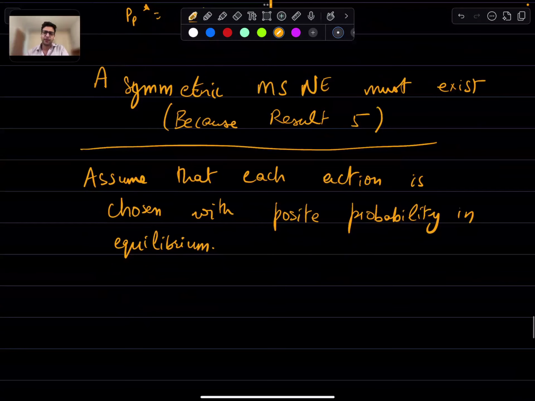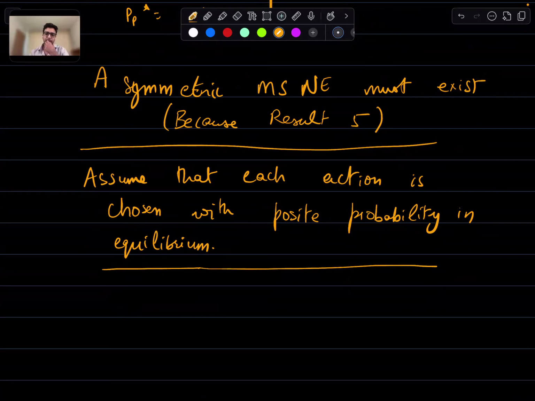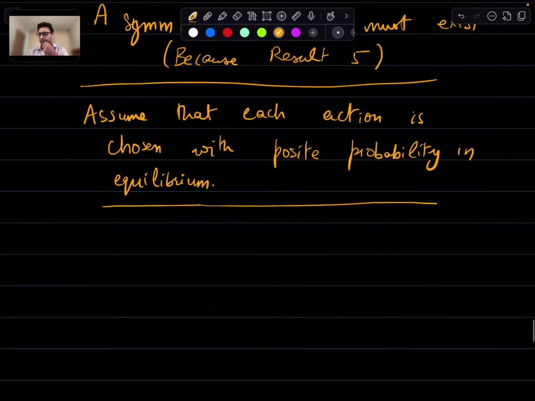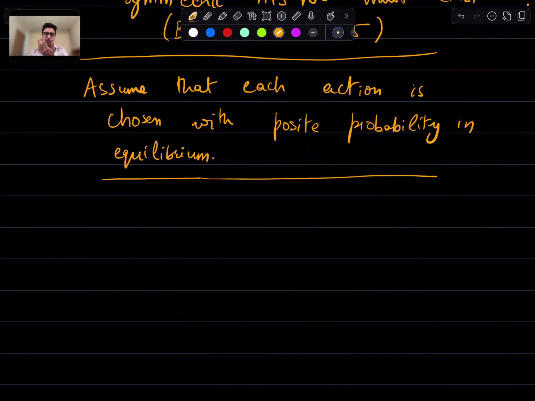We can solve this without that assumption, but that assumption just makes life a bit easier. So it's like we're going to guess and verify. We're going to guess that in our symmetric mixed strategy Nash equilibrium, each action is chosen with positive probability, and then we'll verify that later. I want to be lazy, therefore I am being lazy.